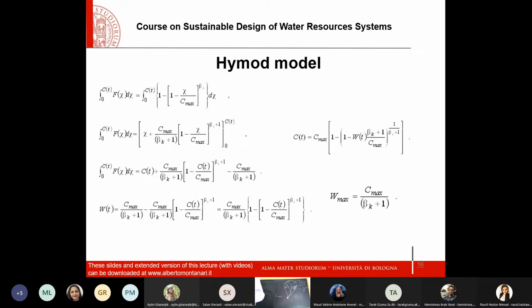Now, before going to applying the model, before going to the code, we need to remove some simplifications. We dropped the delay time to get to the river network, and we dropped the evapotranspiration. So we have to model these two processes that we haven't considered so far.